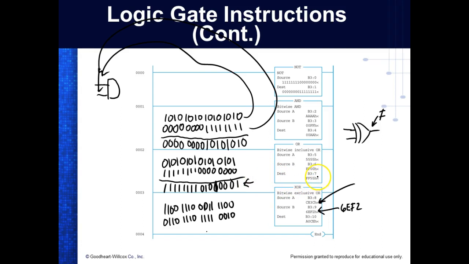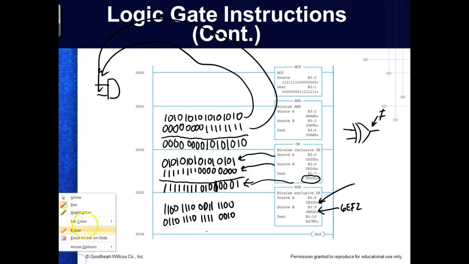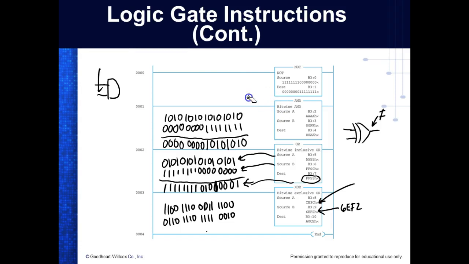Okay, so here's what they gave us right here. FF55, right? Here is source A, here is source B, and that's what the results of ANDing them would be.